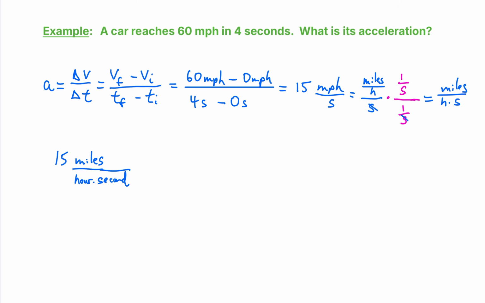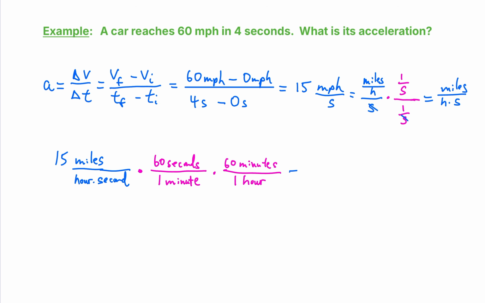And the way to do that is we're going to multiply this fraction by the equivalent of 60 seconds per 1 minute. And we're going to also multiply this by 60 minutes per 1 hour. All right?